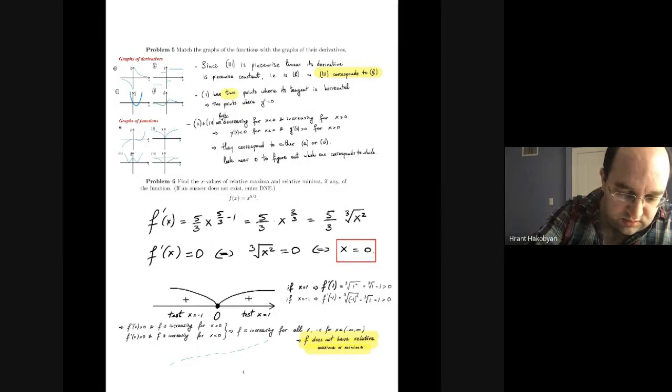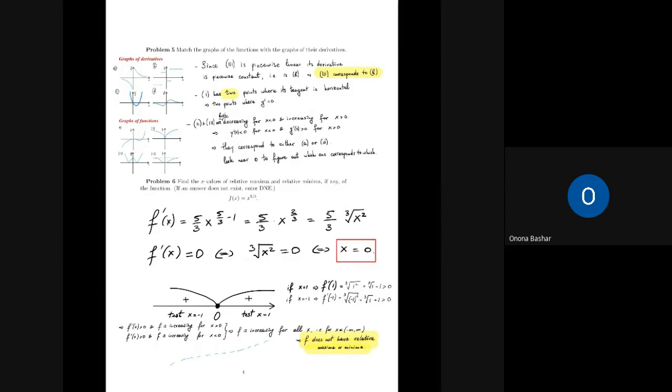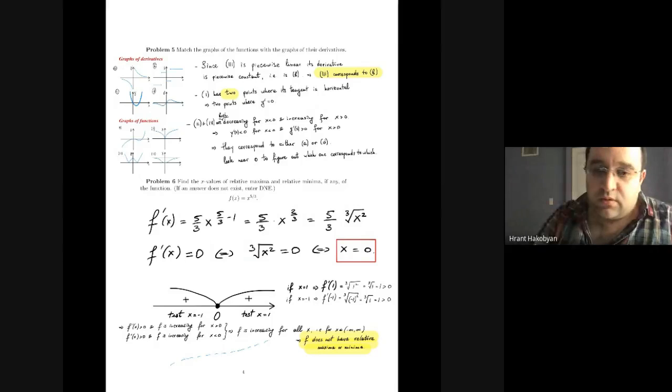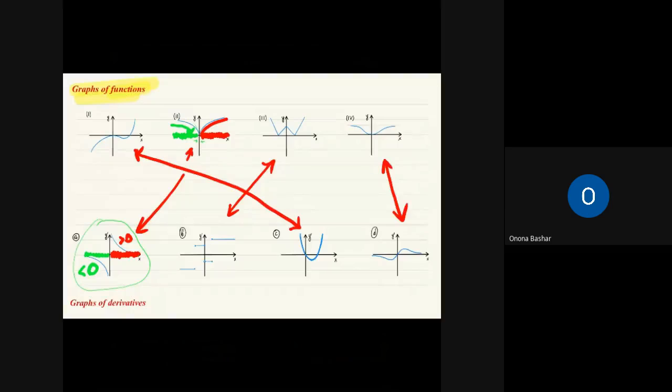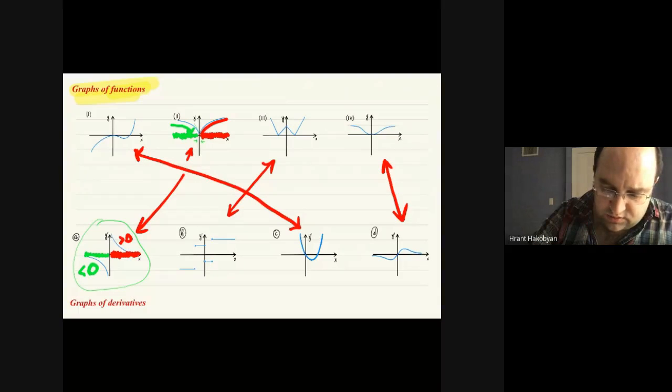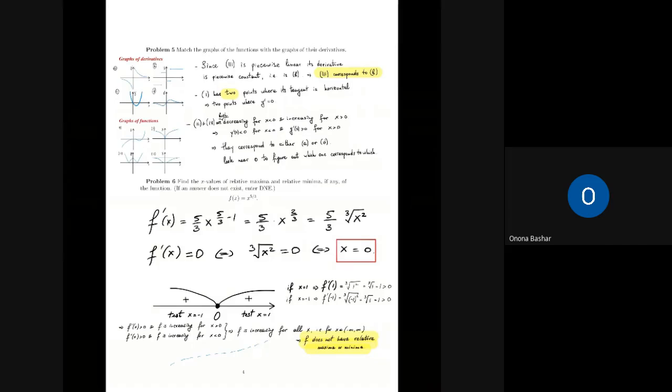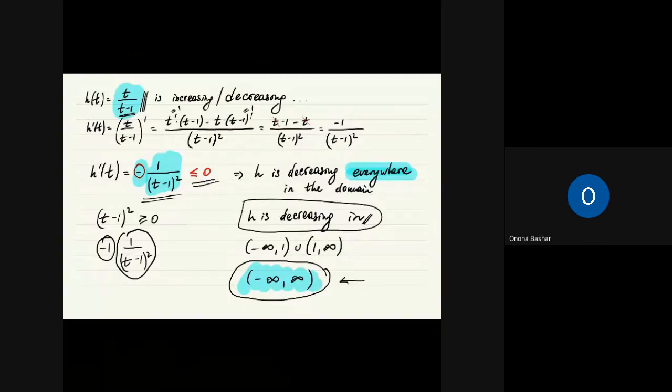Actually, just a second. Can you go back to the previous question? Please go back to the previous question for a second. Sorry, just a moment. This one? Yes. I'm confused with the line.